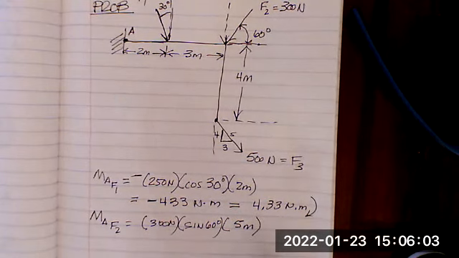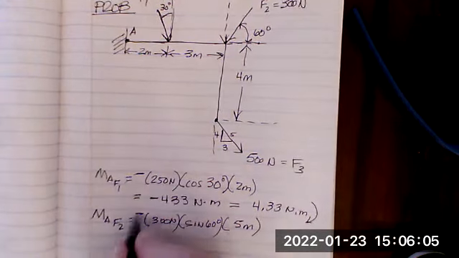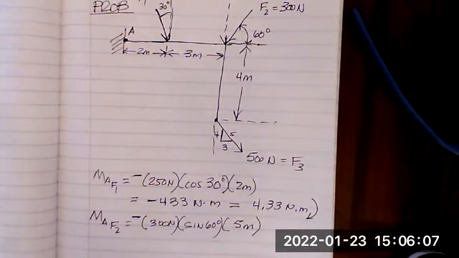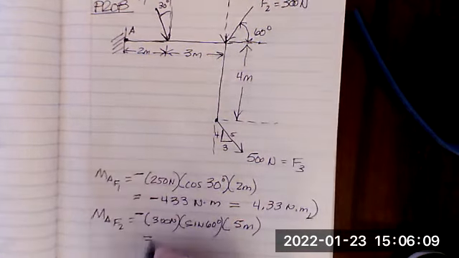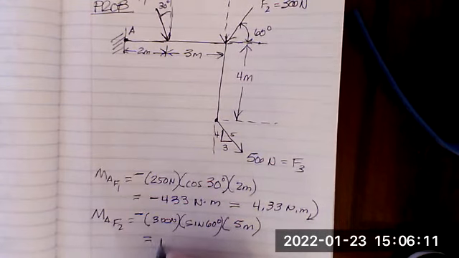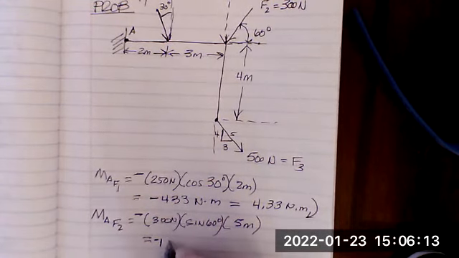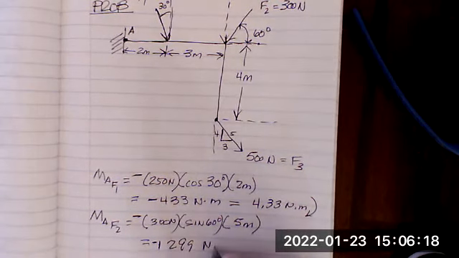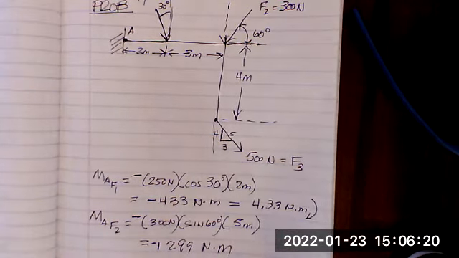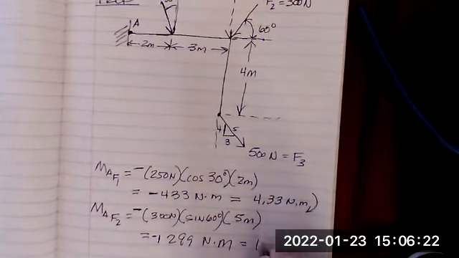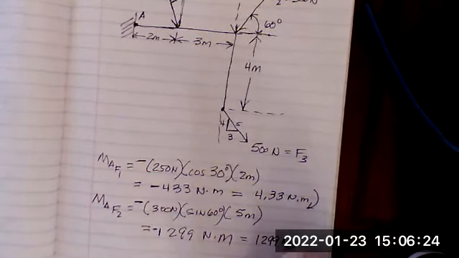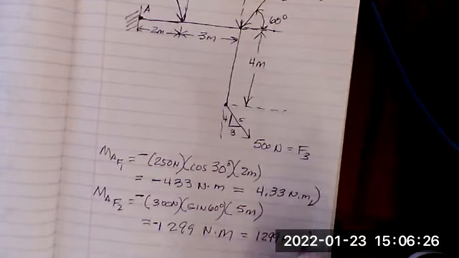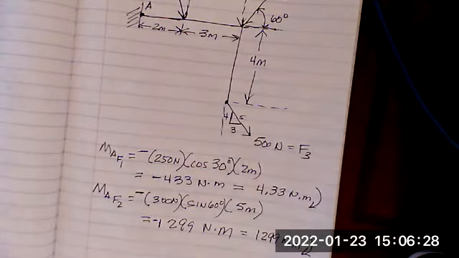It's also still causing a clockwise rotation, so it's negative. So this is equal to negative 1,299 newton meters, and we're just going to say 1,299 newton meters clockwise.